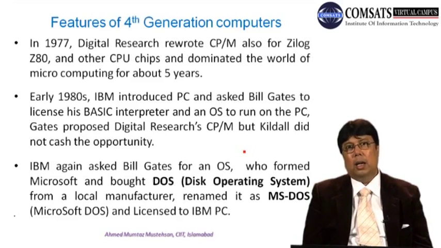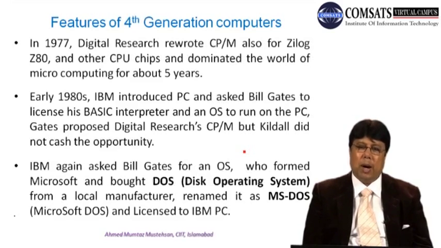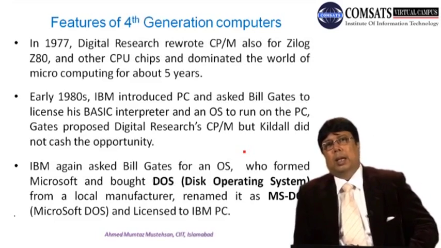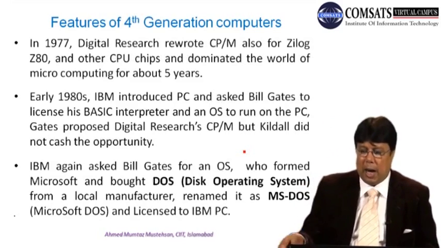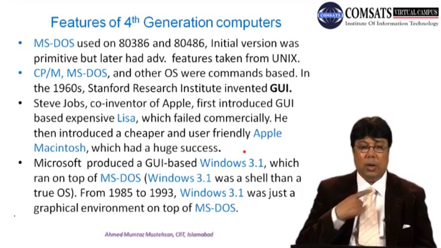Bill Gates procured that for 50,000 US dollars, I guess, and then he set up a team that introduced some advanced features in it and renamed it Microsoft Disk Operating System, MS-DOS. Since then, Microsoft and Bill Gates have never looked back, and they are the success story of the century.